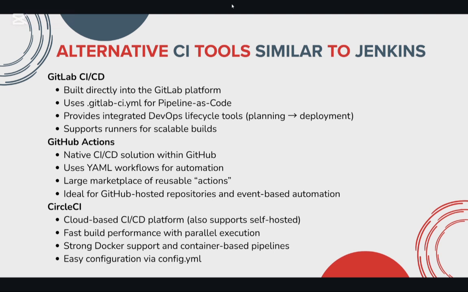It also includes powerful lifecycle tools from planning to deployment, along with scalable runners. GitHub Actions is a native CI/CD system inside GitHub. It uses YAML workflows and offers a large marketplace of reusable automation components, making it ideal for teams already using GitHub.